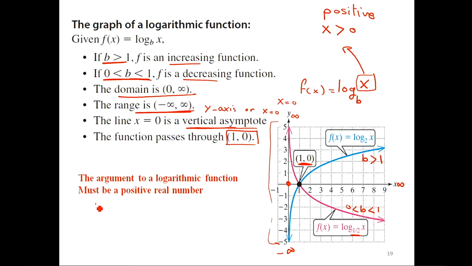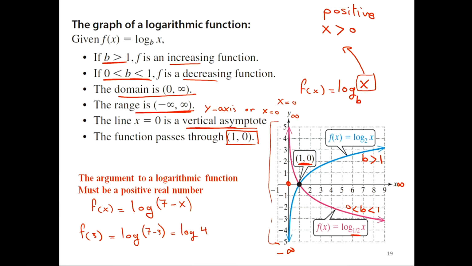So, for example, if we have f of x equal to logarithm to base 10 of 7 minus x, and we need to find, for example, f of 3, this is equal to logarithm of 7 minus 3, so we have logarithm of 4, okay?